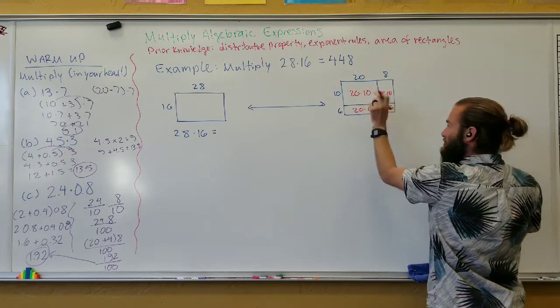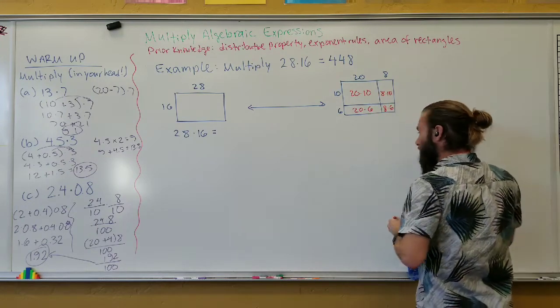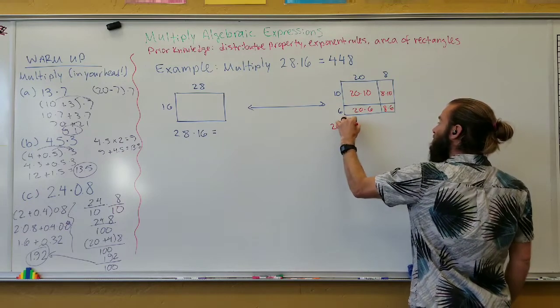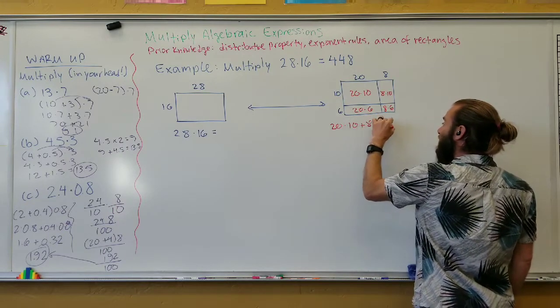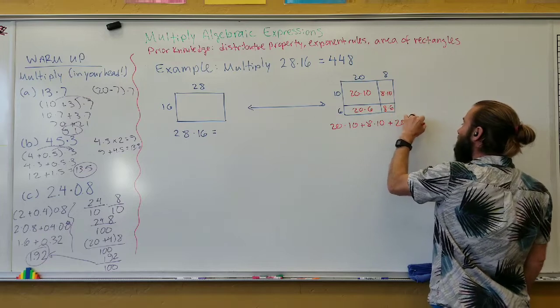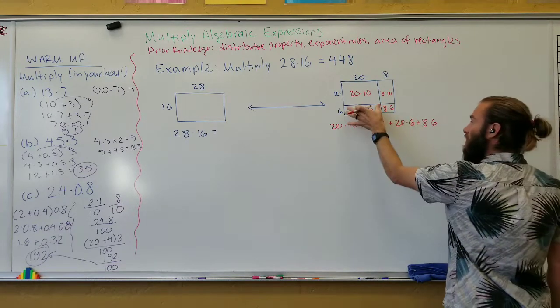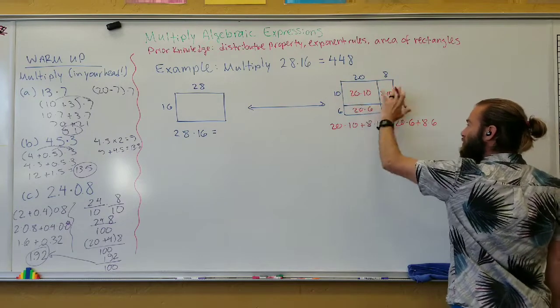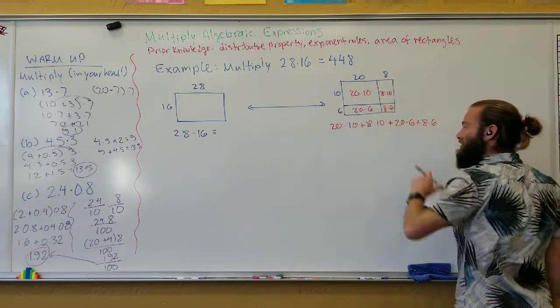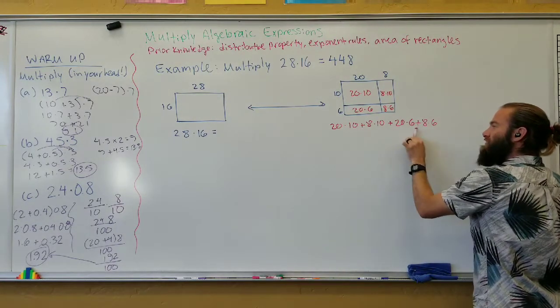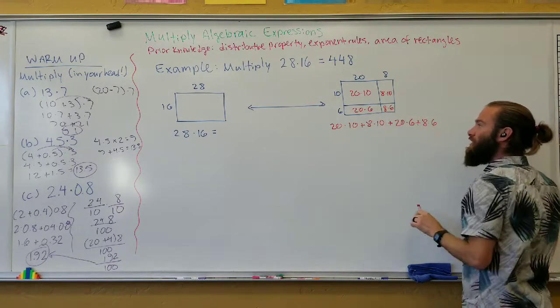And of course you can do those in the other order, but if we look at the steps involved here, then 20 times 10 plus 8 times 10 plus 20 times 6 plus 8 times 6 gives me all the smaller pieces added together, and that must equal the whole entire thing. Now I want you to notice there's actually 4 total pieces here that we broke it up into.